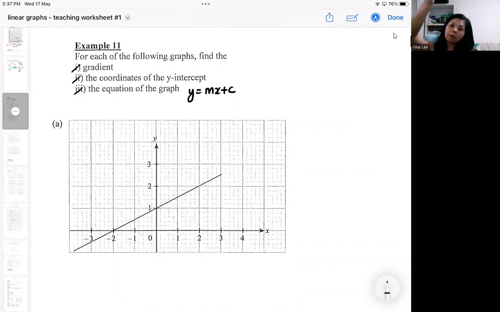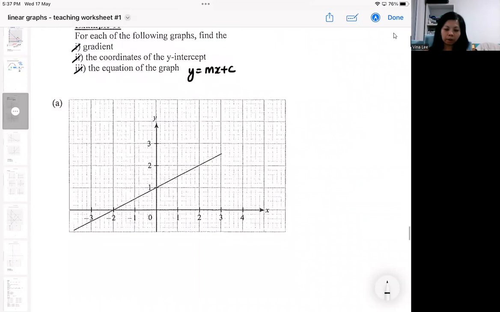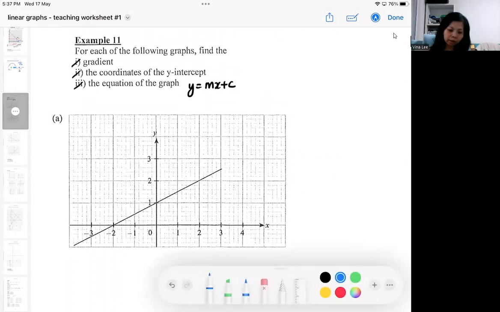So the line is going up, and you are expecting a positive gradient. If later on you calculate and you don't get a positive gradient, you need to check where your careless mistake is. Okay, so let's look at the gradient formula first.